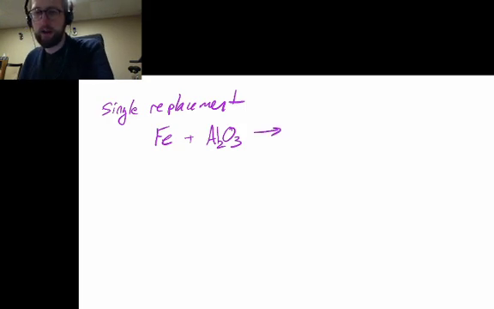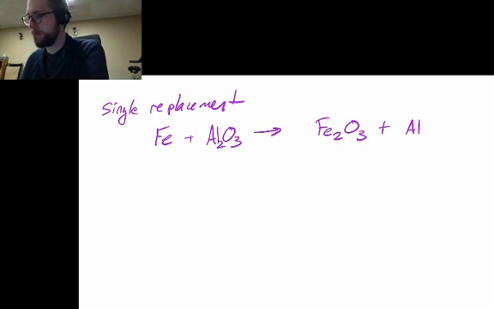The element and the compound switch partnership. So iron and aluminum oxide, we're going to get iron oxide, Fe2O3, plus aluminum metal. And that's that single replacement.